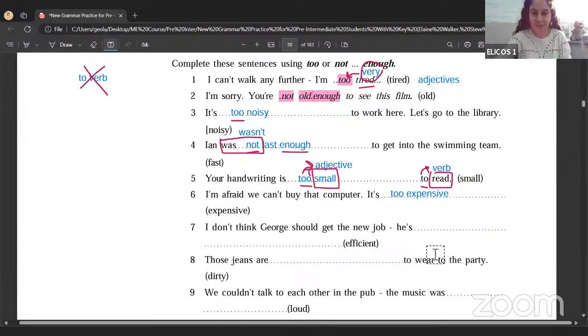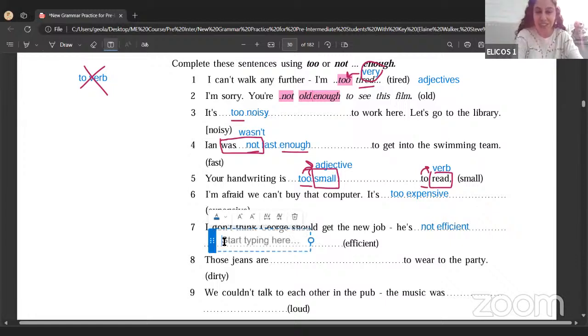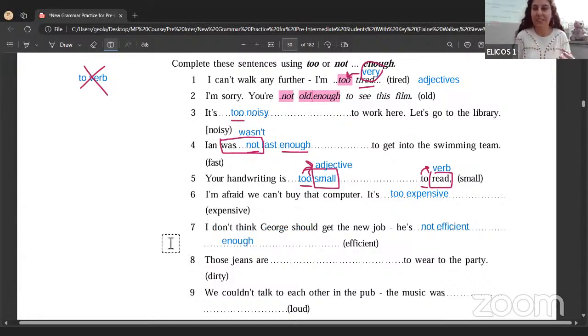Number 7. I don't think Josh should get the new job. He's not efficient enough. Yes, you've had the negatives, all the negatives. Okay, he's not fast and quick and good at the job. He's not efficient enough compared to many other people.